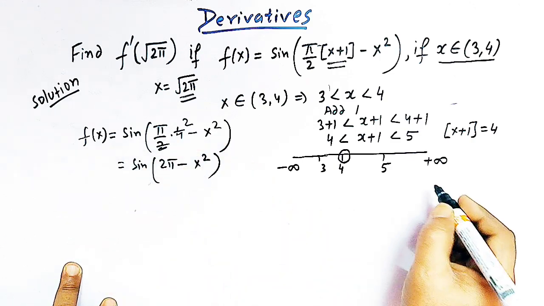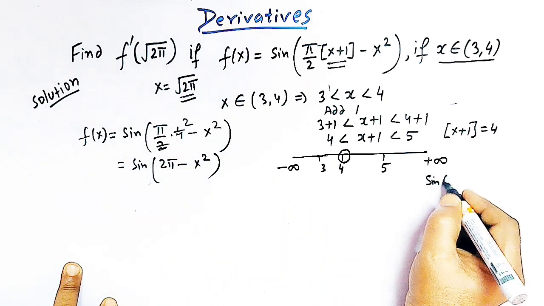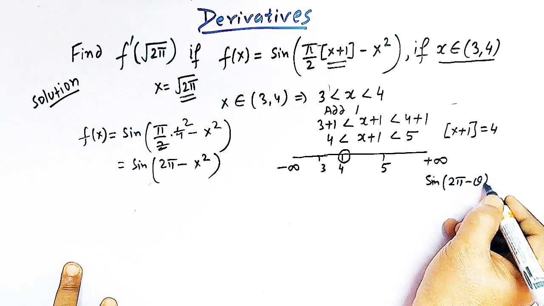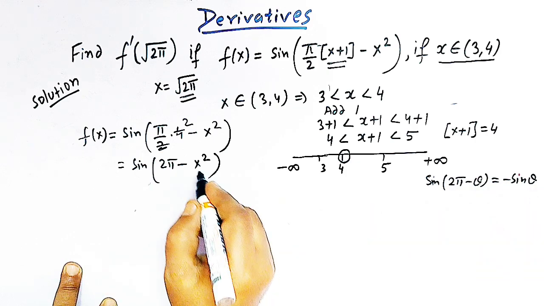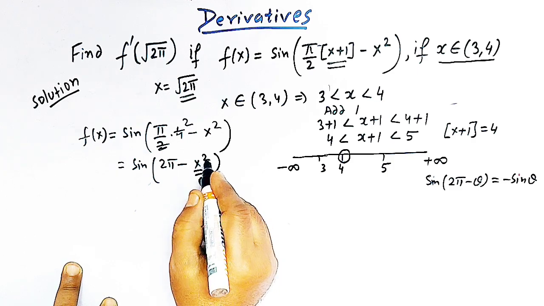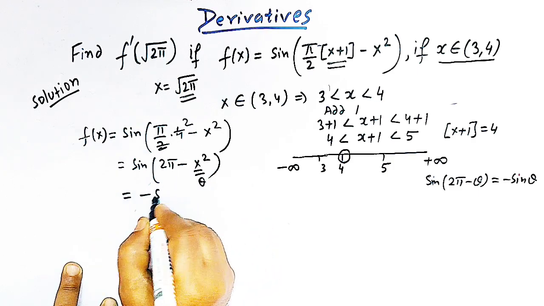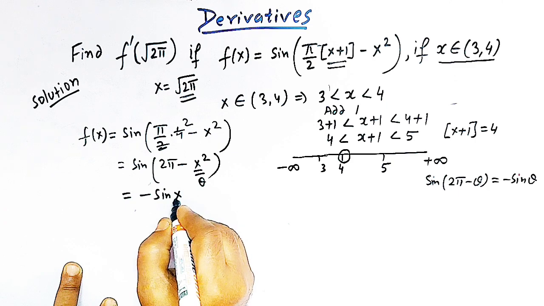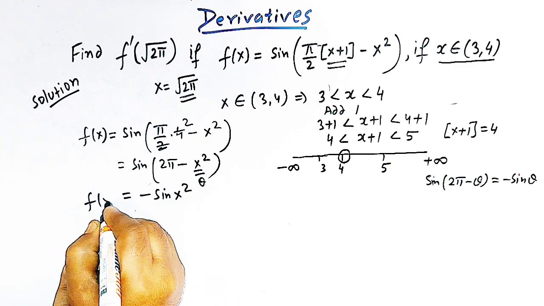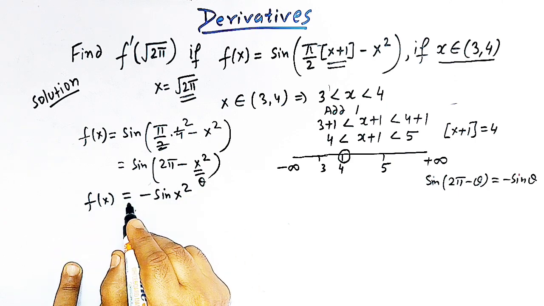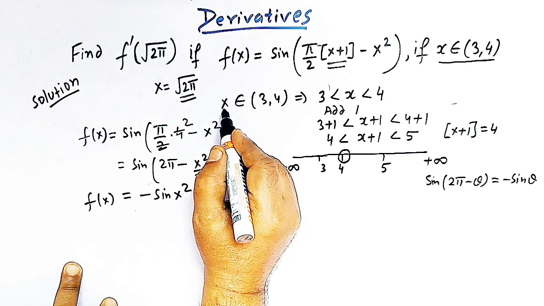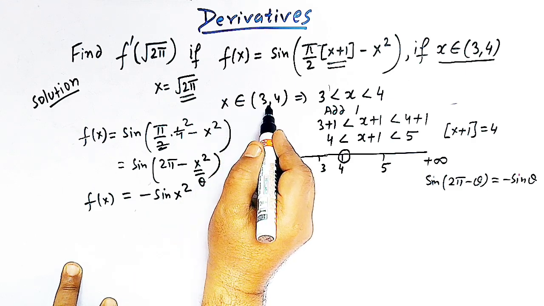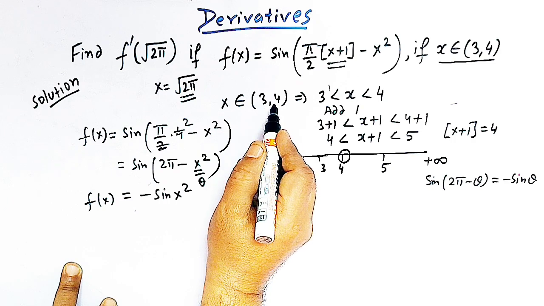Now from trigonometry we know that sine of 2 pi minus theta is given by minus sine theta. So here theta is x square, so we have minus sine x square. So our function f of x is now equal to minus sine x square when x belongs to this interval, that is (3, 4).